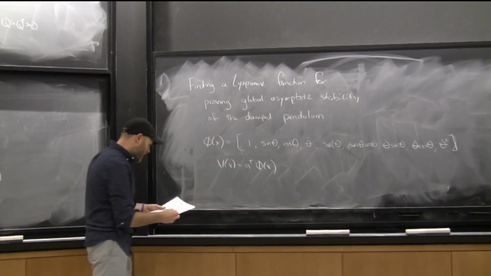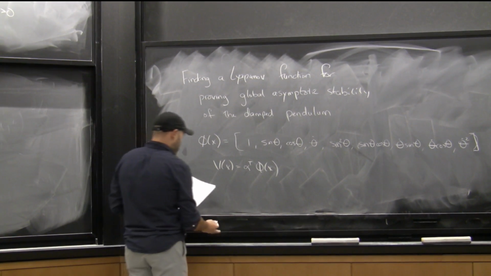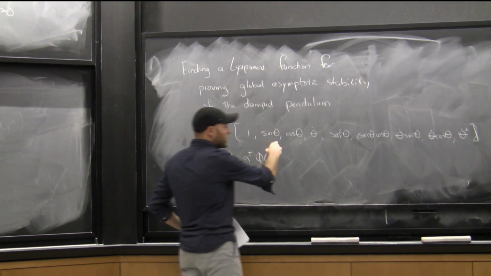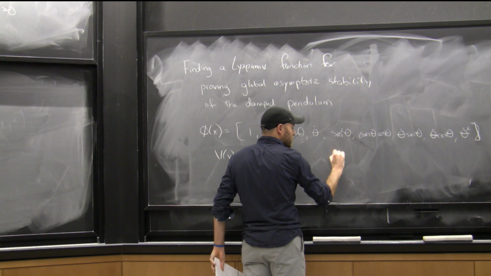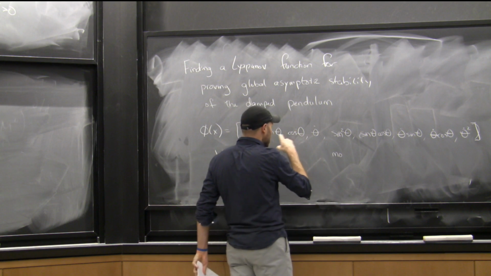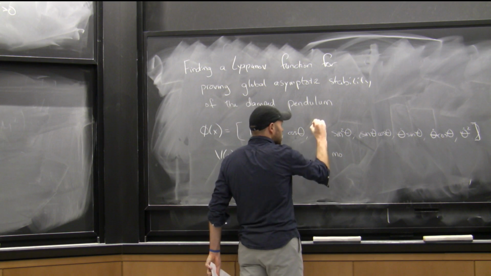Then how do you write the constraints? Well, by the way, this is the way I would call this. This is all monomials, because it's a polynomial in sine, cosine, and theta dot.